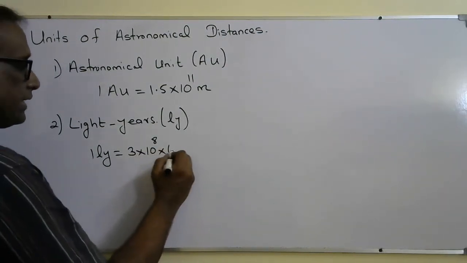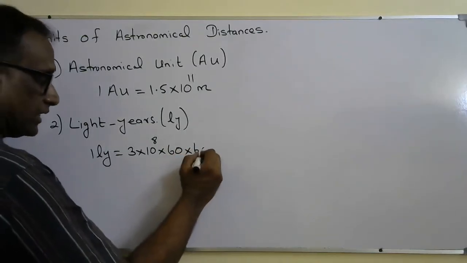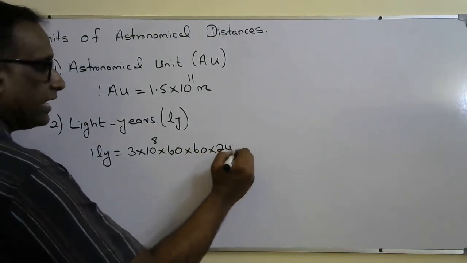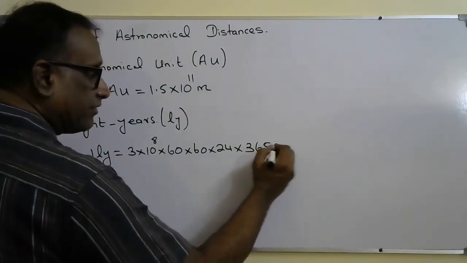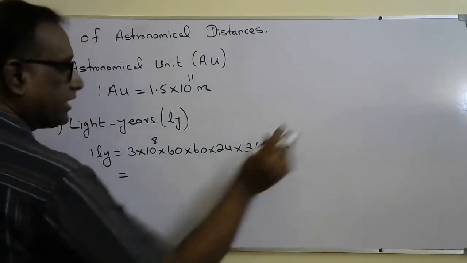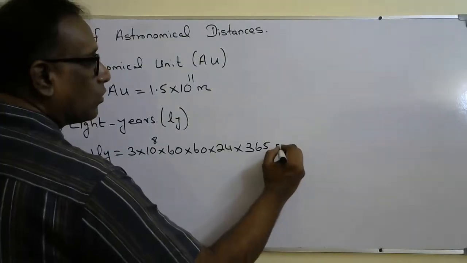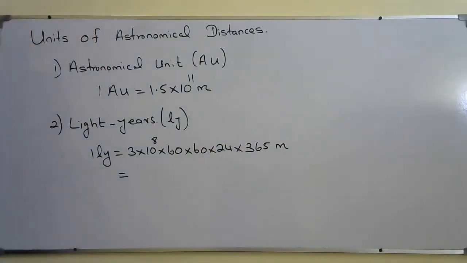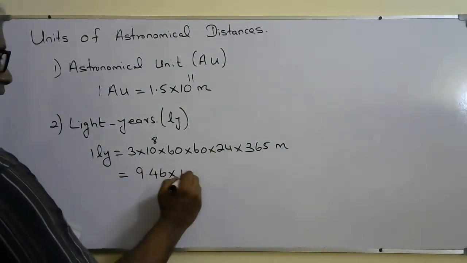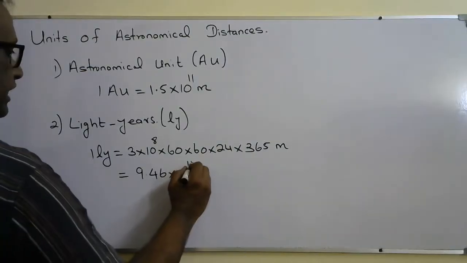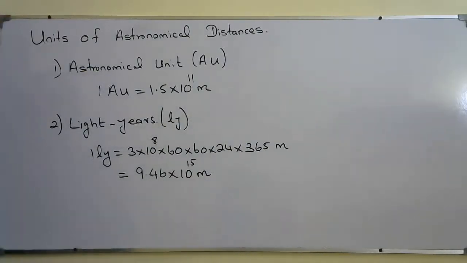During 1 minute, into 60, during 1 hour, during 1 day, during 1 year, 365. So solve it, you will get the magnitude of 1 light year. So that will be equal to 9.46 into 10 to the power 15 meters.